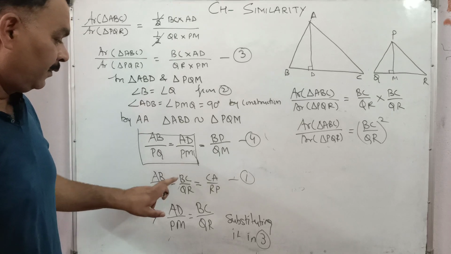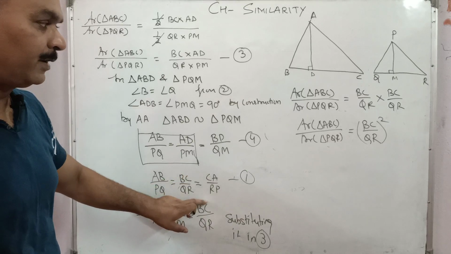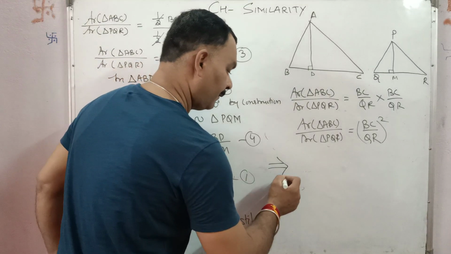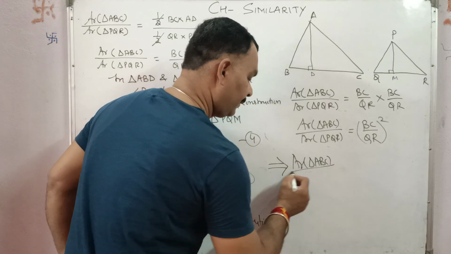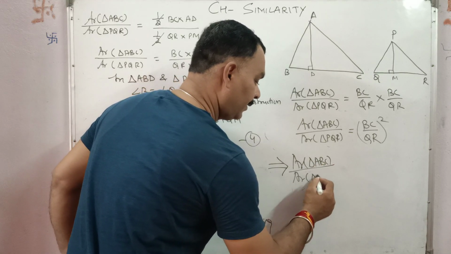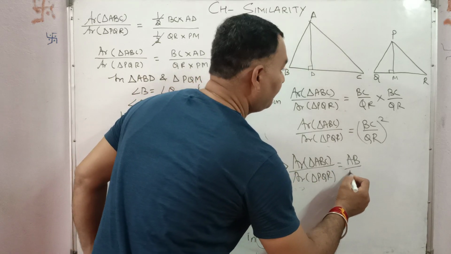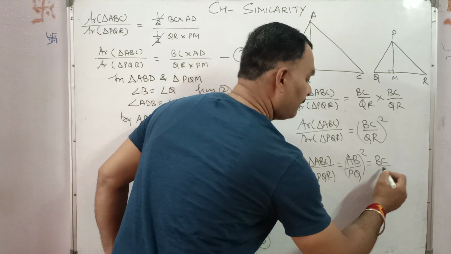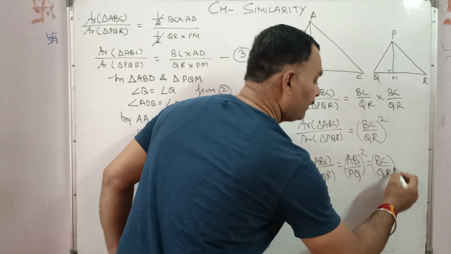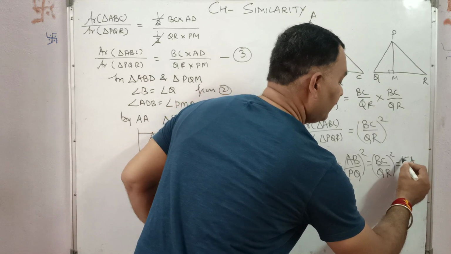Now we know that BC upon QR is equal to AB upon PQ as well as CA upon RP. So finally we can write area of triangle ABC to the area of triangle PQR is equal to AB upon PQ whole square, or BC upon QR whole square, or CA upon RP whole square.